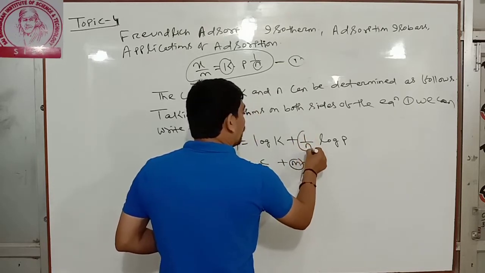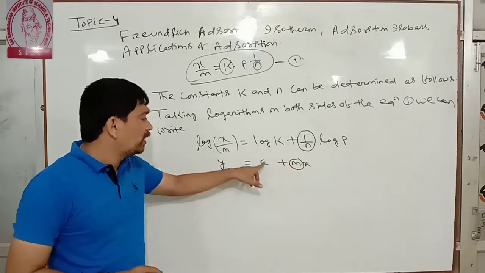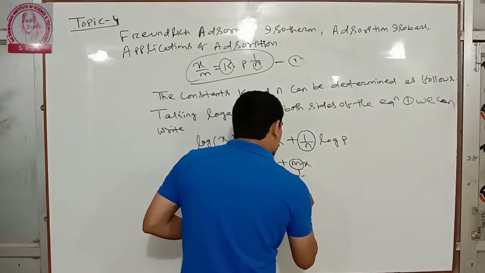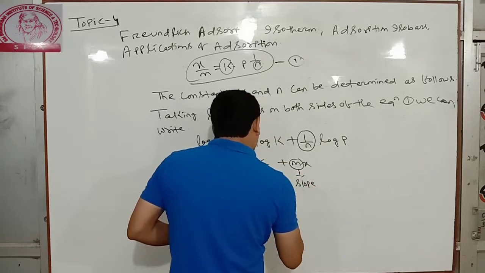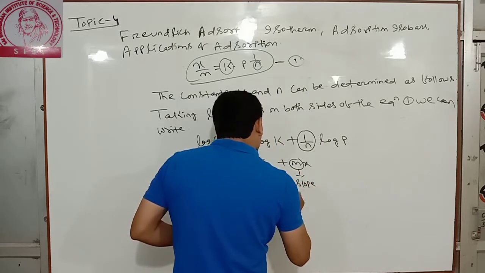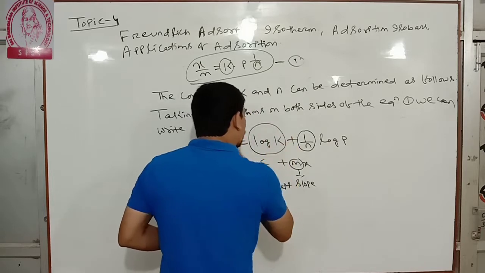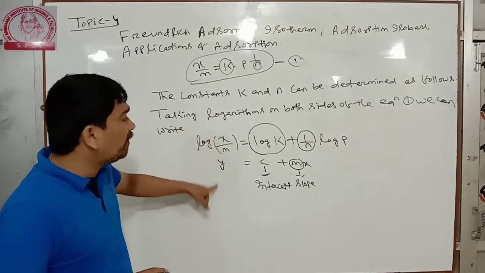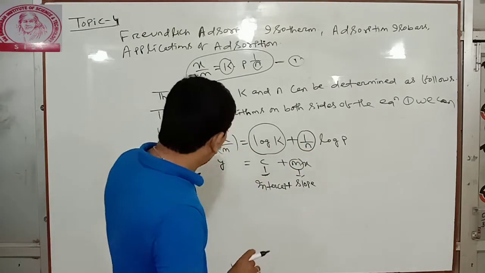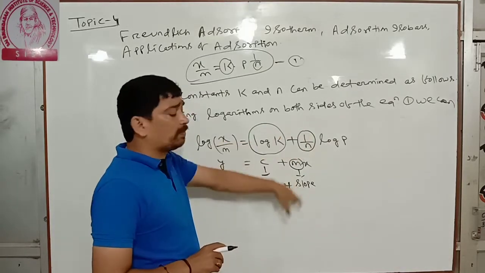Here m value will be 1 by n. That is the slope. M is the slope of the line. C is the intercept. So what is c? Log k. So if we plot a graph of log x by m versus log p, we will get the intercept value log k and slope value 1 by n.